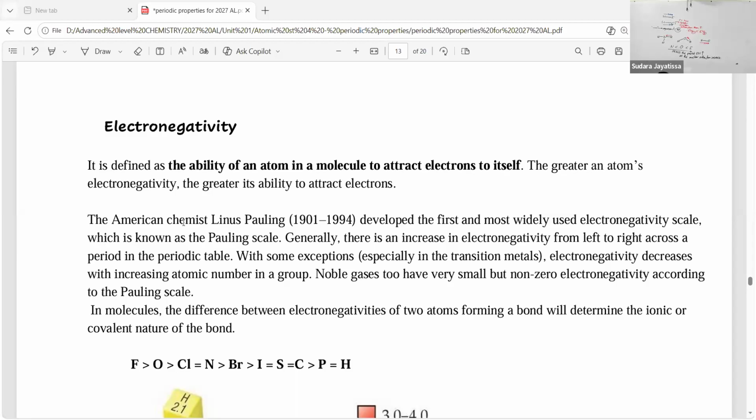So you can write this sentence: electronegativities of noble gases are not necessary, because most of them are not making actual bonds.